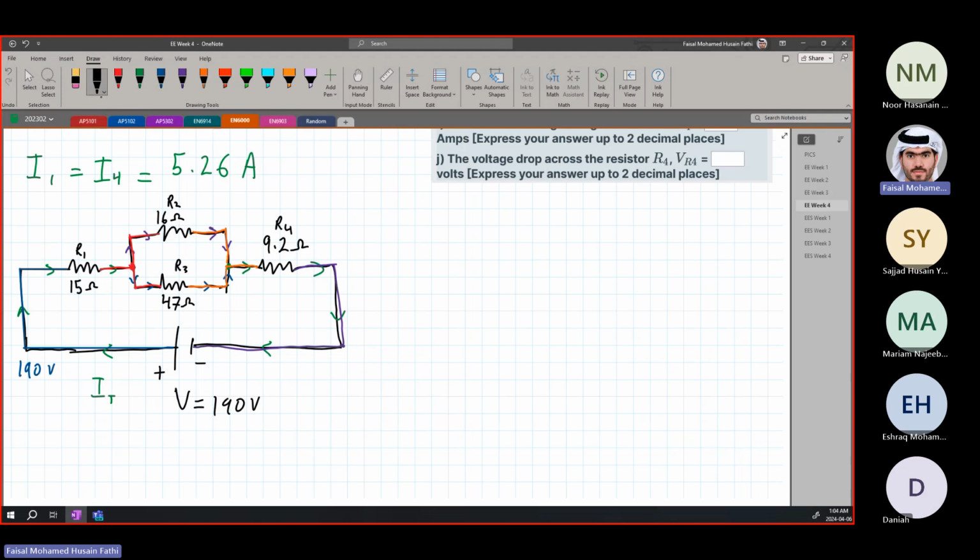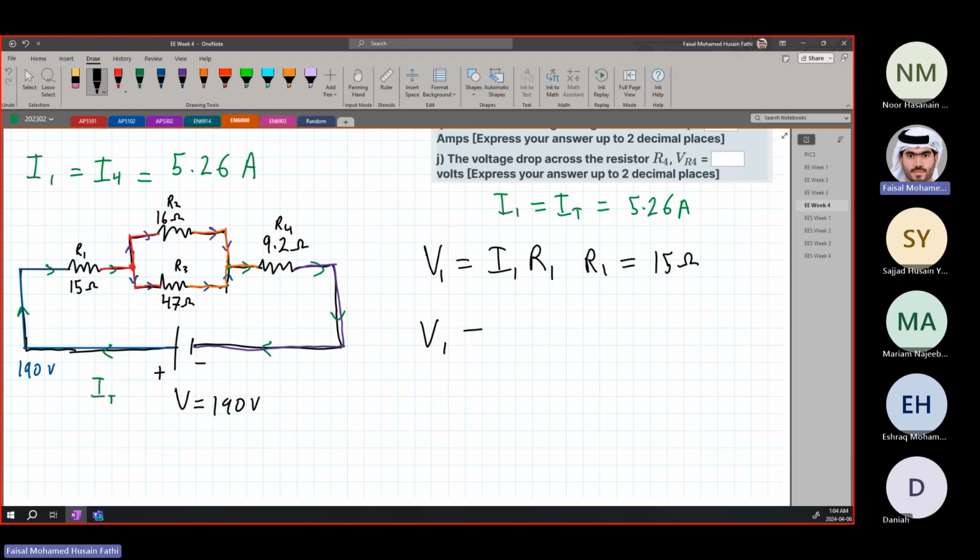So the simple way to do this is V equals IR. What do we want? We want V1, so we use I1 and R1. I1, we already know, is equal to I total, which is equal to 5.26 amperes. R1 is given. R1 is equal to 15 ohms.